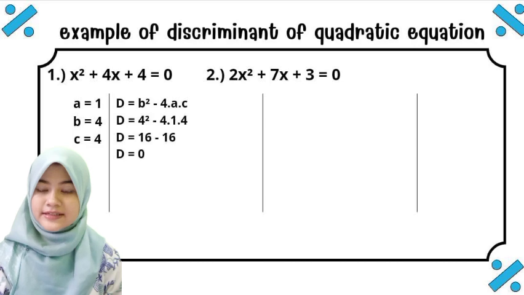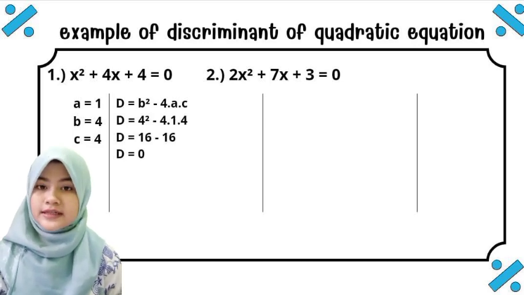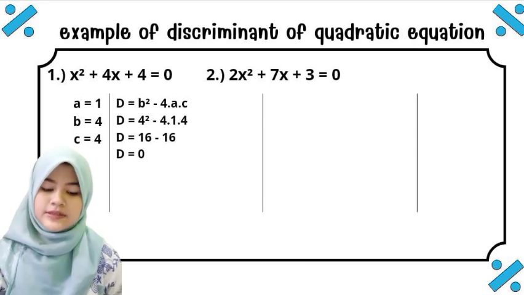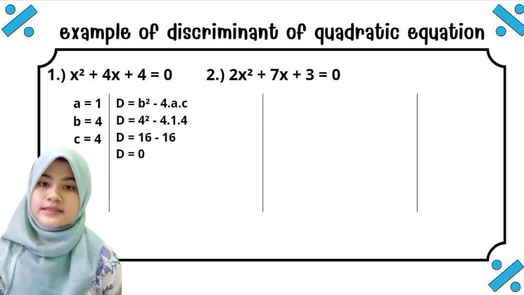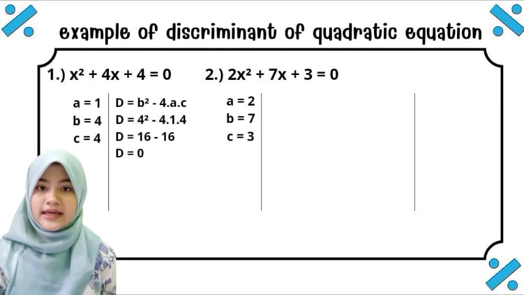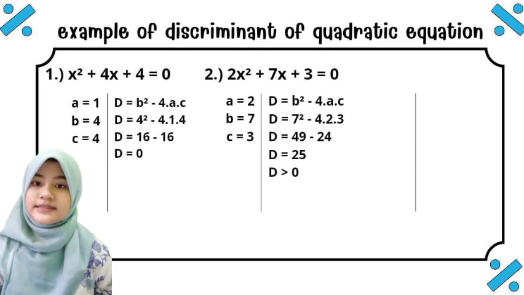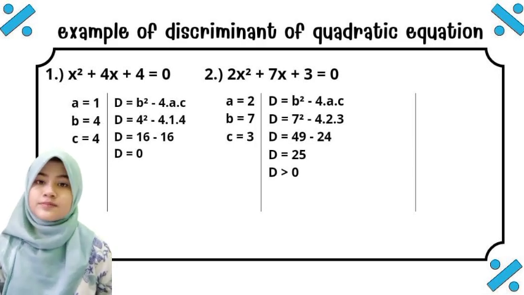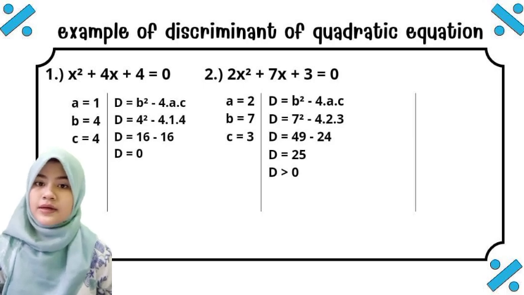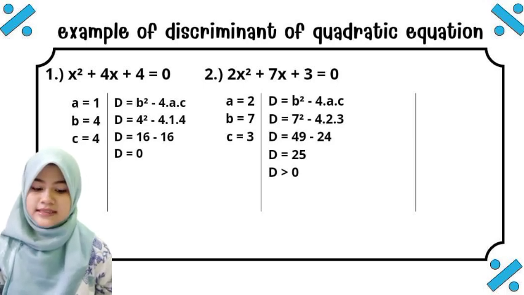The second example is 2 times x to the power of 2 plus 7 times x plus 3 equals 0. A is 2, B is 7, C is 3. And the discriminant is d. D equals b to the power of 2 minus 4 times a times c.